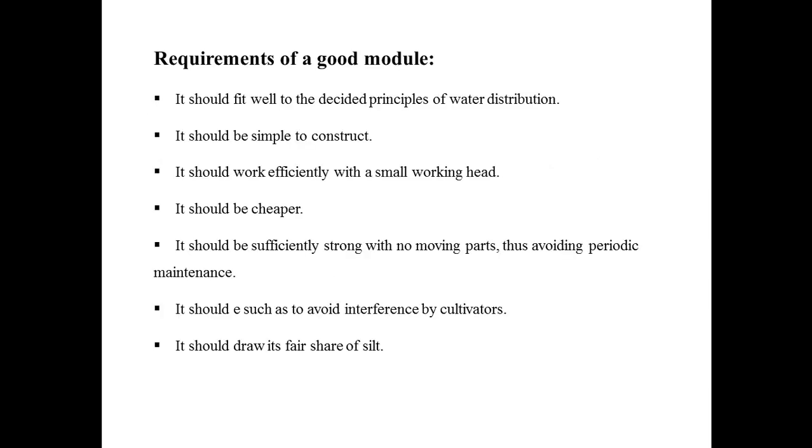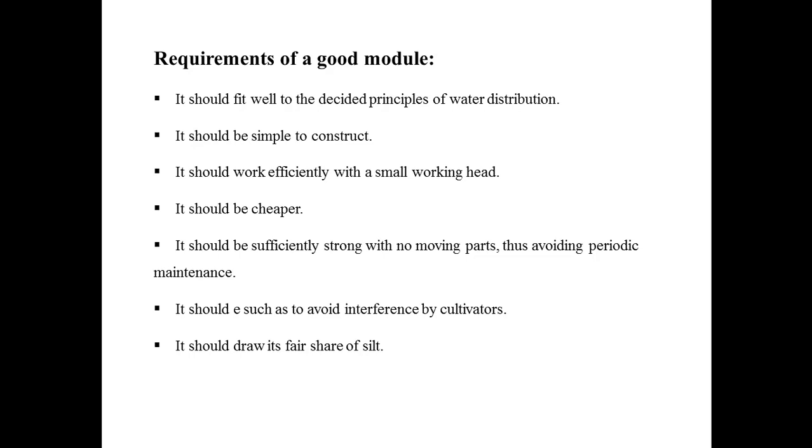What are the requirements of a good module? It should fit well with the decided principles of water distribution, and it should be simple in construction. Also, it should work efficiently with a small working head. It should be cheaper. Also, it should be sufficiently strong with no moving parts, thus avoiding periodic maintenance.